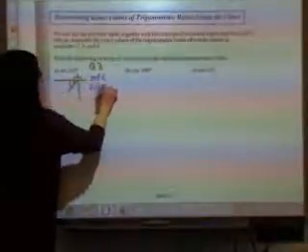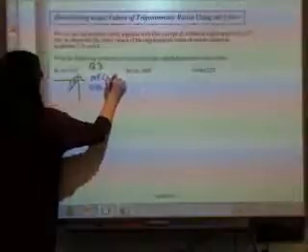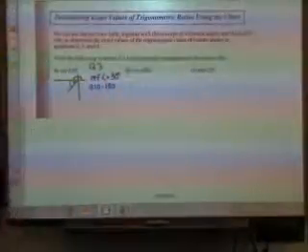So if I'm at 210 degrees, what is the reference angle going to be? And how did you get 30? 210 minus 180. Now in quadrant 3, is the sign positive or negative?